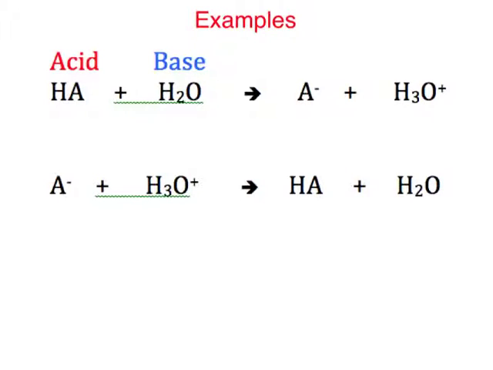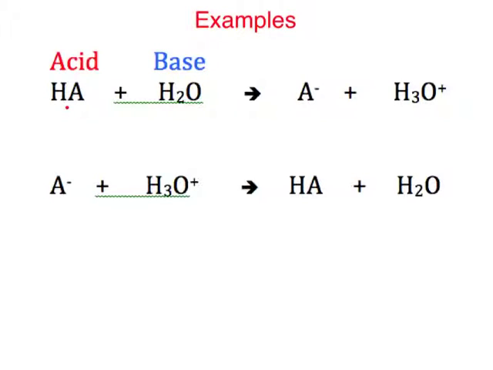In the first example, we have a generic acid, HA, reacting with water. In this case, water is going to act as a base. Why? Because as you can see, I'm going to use red here for the acid.